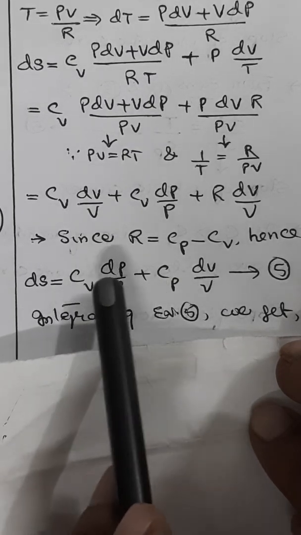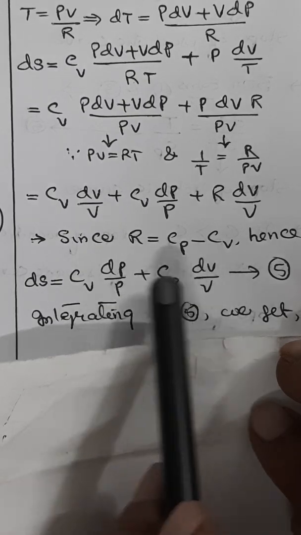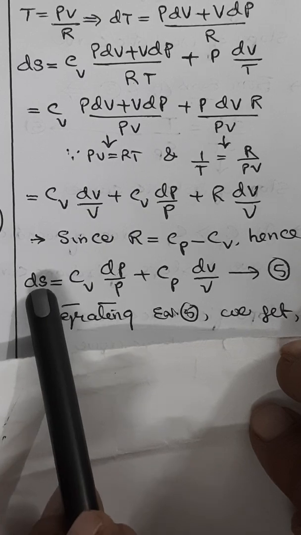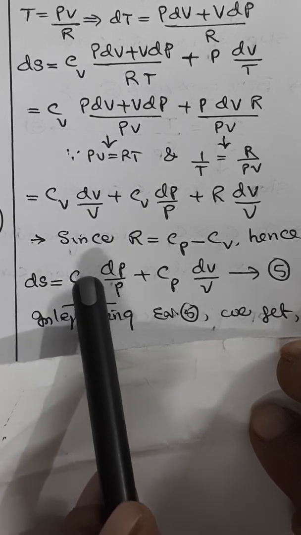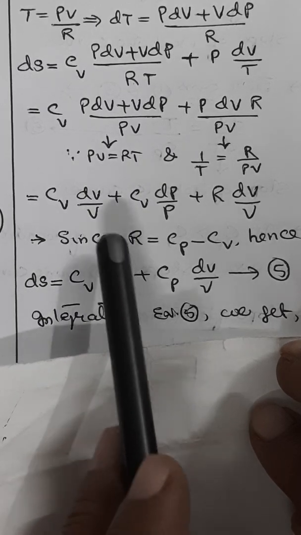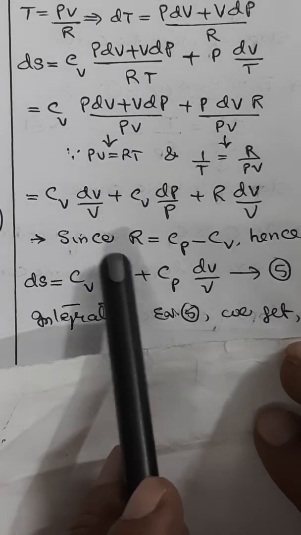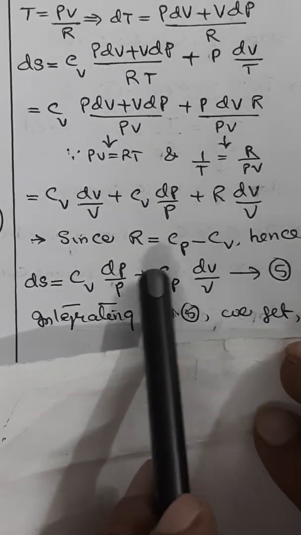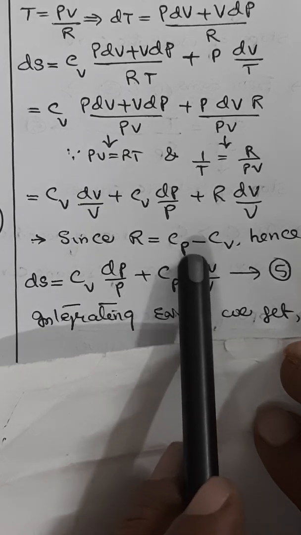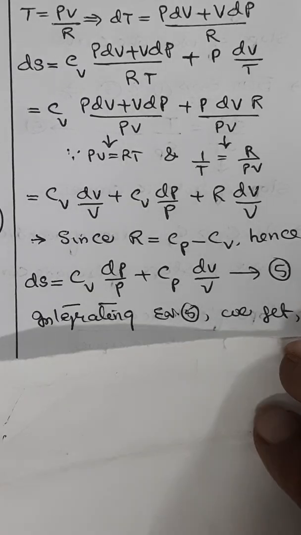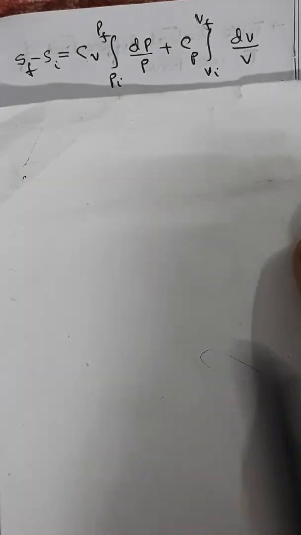So taking the constants out of the integral operator, integral dS between the limits i to f means this is Sf minus Si. This is Cv into integral Pi to Pf of dP by P plus Cp into integral Vi to Vf of dV by V. Let us see how it can get simplified.